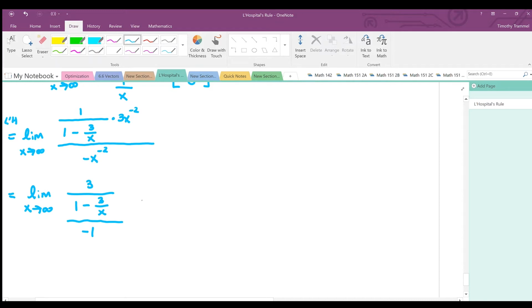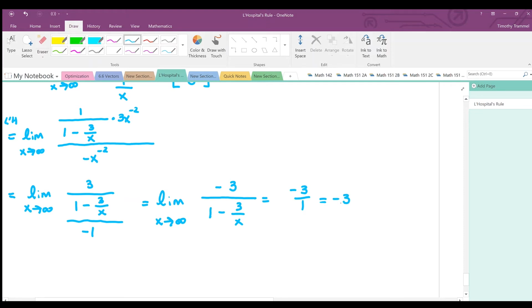And so I'm going to rewrite this one more time before I actually try to take the limit. So this can now be rewritten as, if you just divide by minus 1, minus 3 all over 1 minus 3 over x. And you can now see that this 3 over x is going to go to 0, so all we're going to be left with is minus 3 over 1, or how about minus 3?